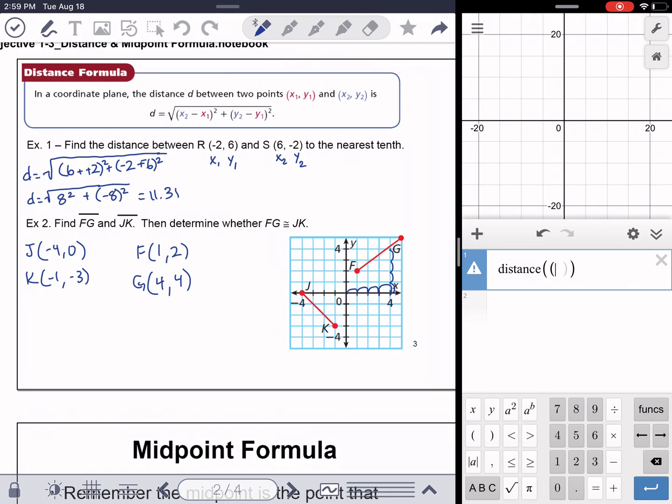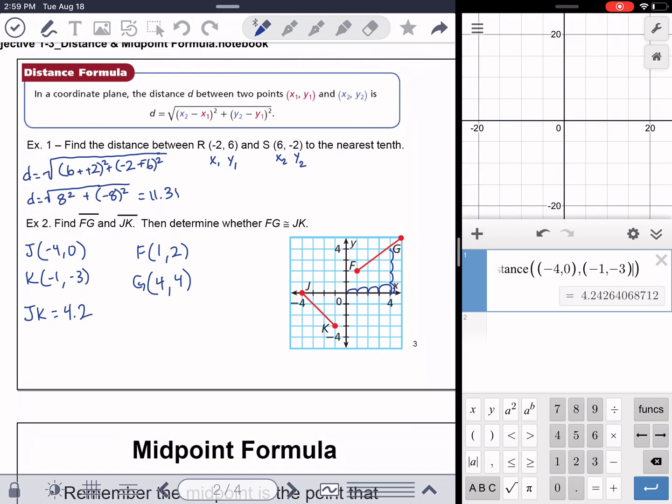So JK is -4, 0. I got to put a comma to put my next point. -1, comma, -3. Oh, one too many. So JK is 4, what are we rounding to? The nearest tenth. So 4.2.